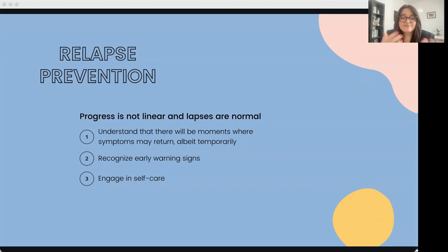And this will obviously look different for everyone, but can include things like making a deliberate effort to reduce safety behaviors or avoidance behaviors, engaging in pleasant or relaxing activities, remembering and implementing techniques learned in therapy, and also just taking time for yourself away from the situation that's causing stress and anxiety.